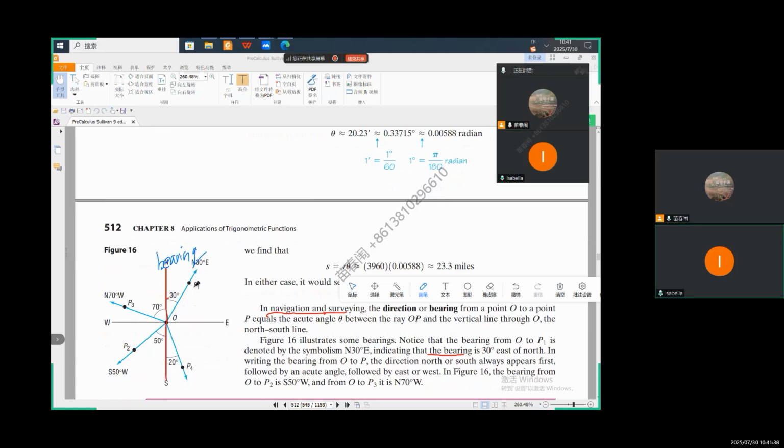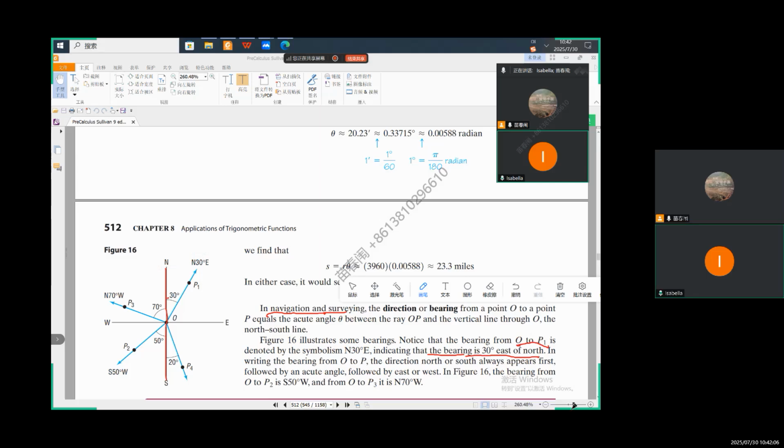So the direction from point O to point P equals the acute angle theta between the ray OP and the vertical line through O. Which means OP1 is just the bearing 30 degree east of north. Okay, I see it.